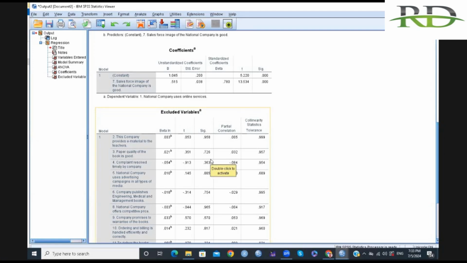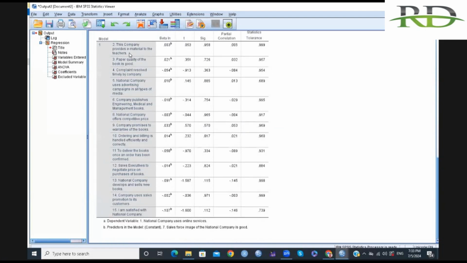Stepwise regression tells that one by one we will add the independent variable and we will see the adjusted R square. So it will tell whether the addition of the new variable is capable of enhancing or contributing to the dependent variable or not.